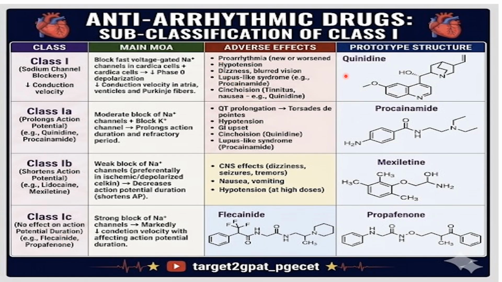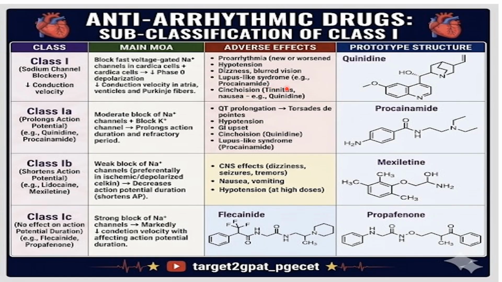Coming to the drugs, I am showing only the chemical structure here for your quick revision during the exams. Coming to the adverse effects, they generally cause worsened proarrhythmia, hypotension and lupus-like syndrome.